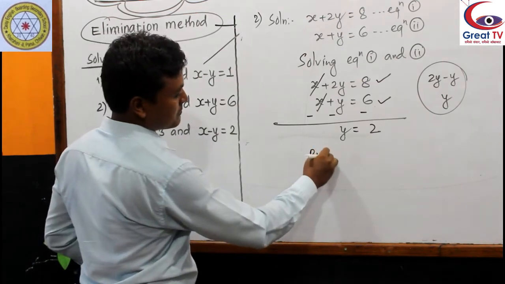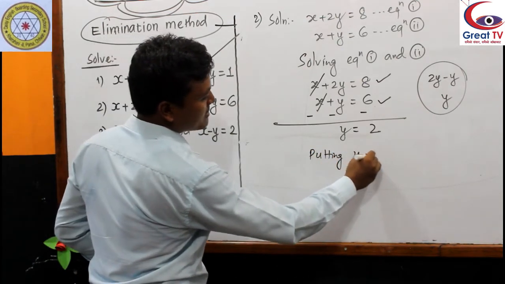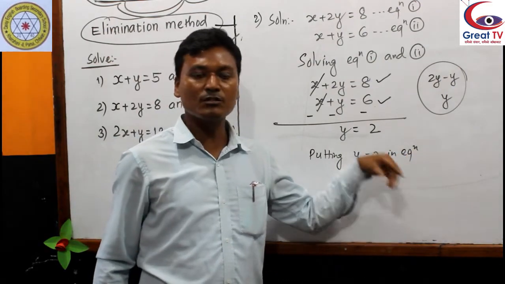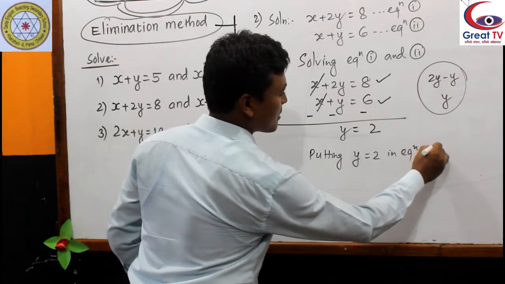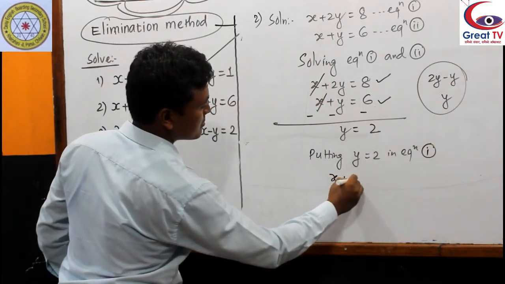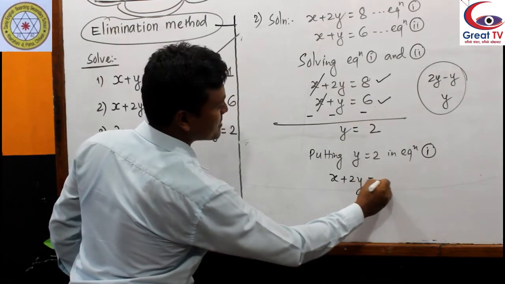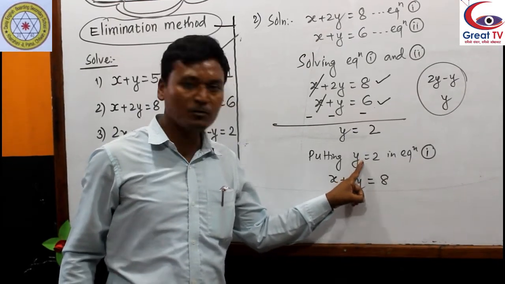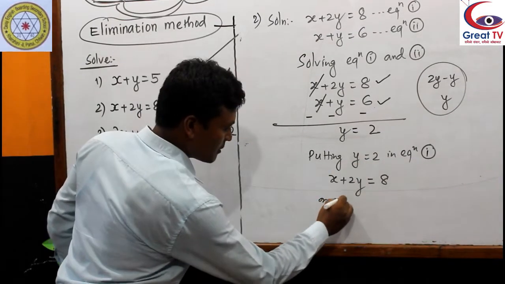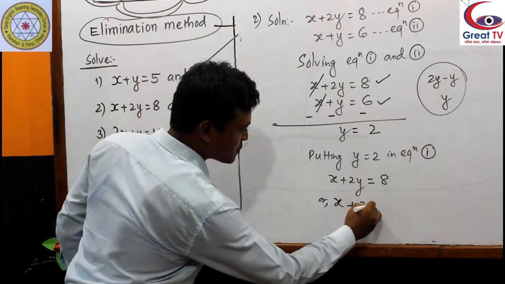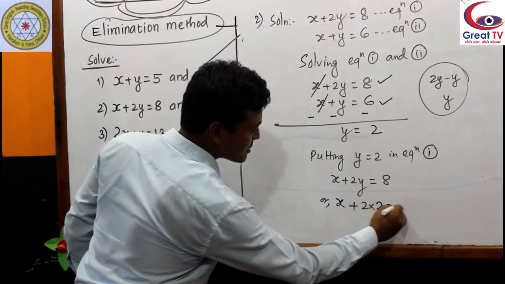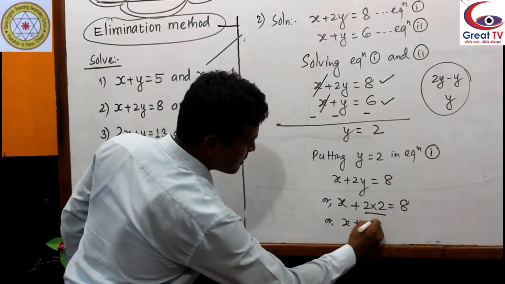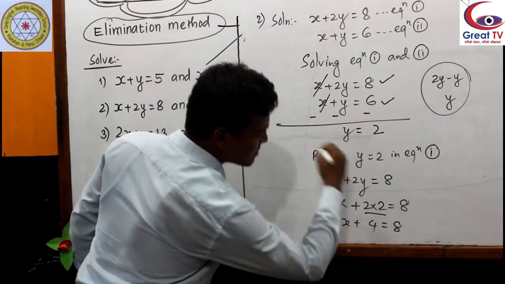Okay, now putting y is equals to 2 in the equation. You can put it in the first also, you can put it in the second also. Okay, in the first we have x plus 2y is equals to 8. Remember, now we put the value of y, that is 2. x plus 2 times y, meaning 2, is equals to 8. x plus 2 twos are 4 is equals to 8.